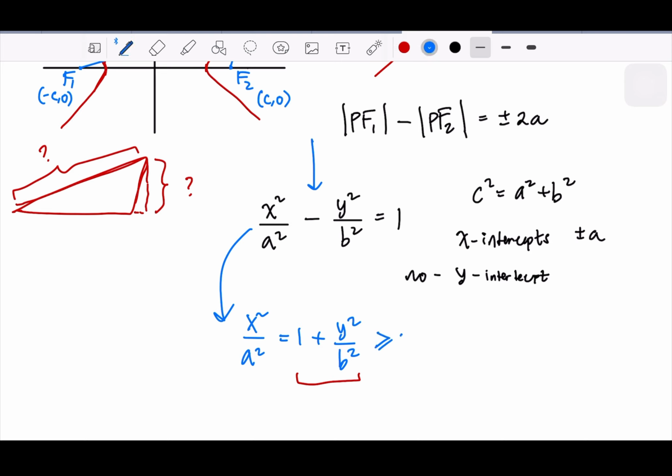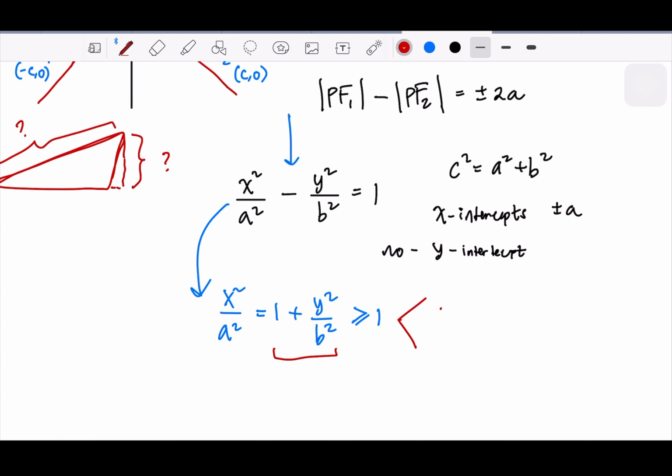It's greater than 1. And it shows that x squared is greater than a squared, which defines that the square root of x squared is greater than a.